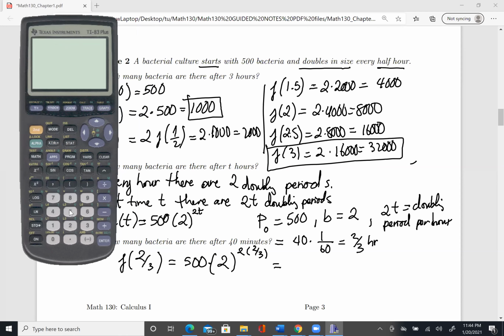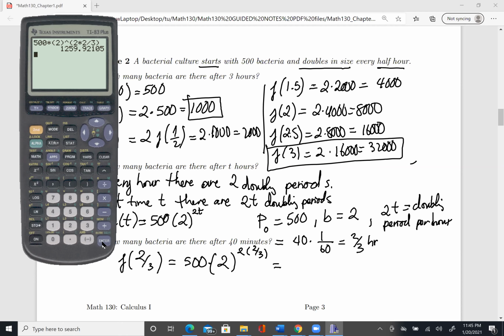You have 500 multiplied by, make sure I have parentheses, 2 close parentheses to the power, another parentheses, 2 times 2 divided by 3 close parentheses.